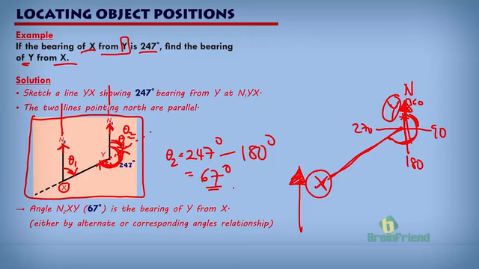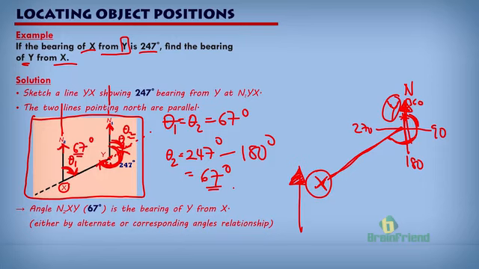Therefore, the angles they create at this point and at this point are corresponding angles and they are equal. So theta 1 is equal to theta 2, which is 67 degrees. And 67 degrees is what we are interested in as the bearing of Y from X. That is this angle, 67 degrees.